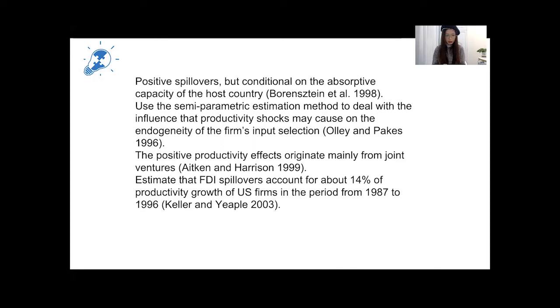A research used the semi-parametric estimation method to deal with the influence that productivity shocks may cause on the endogeneity of the firm's input selection. Atkin and Harrison found the positive productivity effects originate mainly from joint ventures. Taylor and Apple estimated that FDI spillovers account for about 14% of productivity growth of US firms.